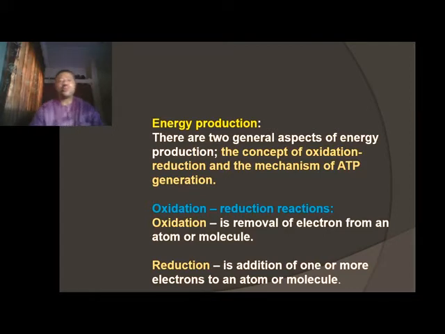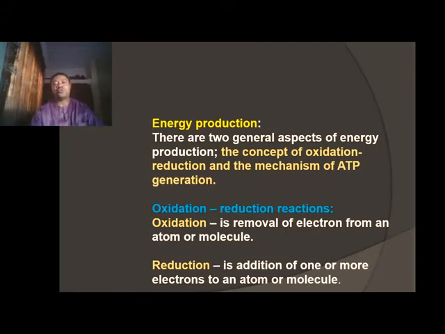Now let's talk a little bit about how energy is produced itself. In subsequent classes, we will look more closely at them. Right now, we'll take a general overview of the energy producing mechanisms.